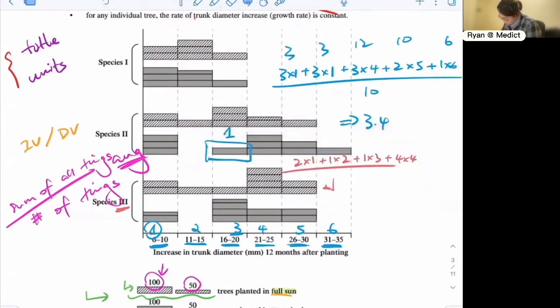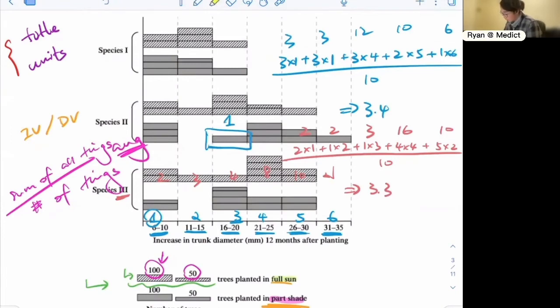So plus 4 times 4, plus this 5 times 2, right? And it's divided by 10 as well, 10 rectangles in total. So 2, 3, 4, 8, 10, right? So what we have here is 2 plus 2 plus 3 plus 16 plus 10. And that gives us 33, 3.3. That gives us 3.3.